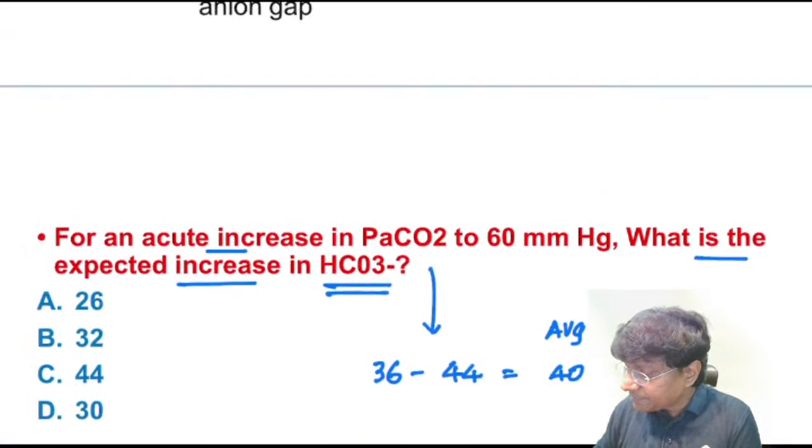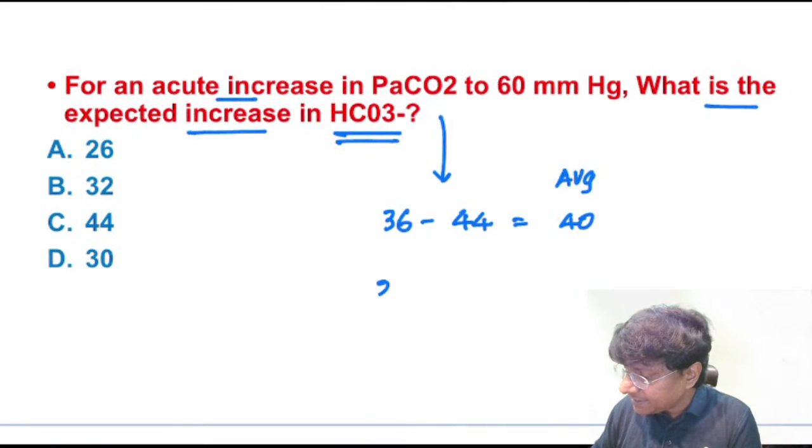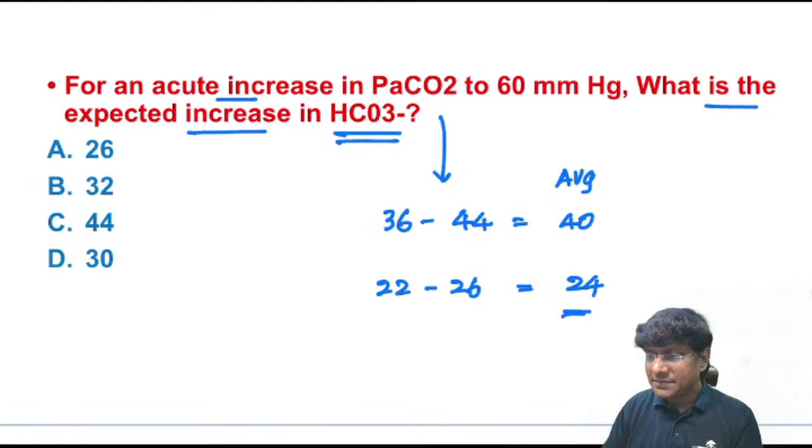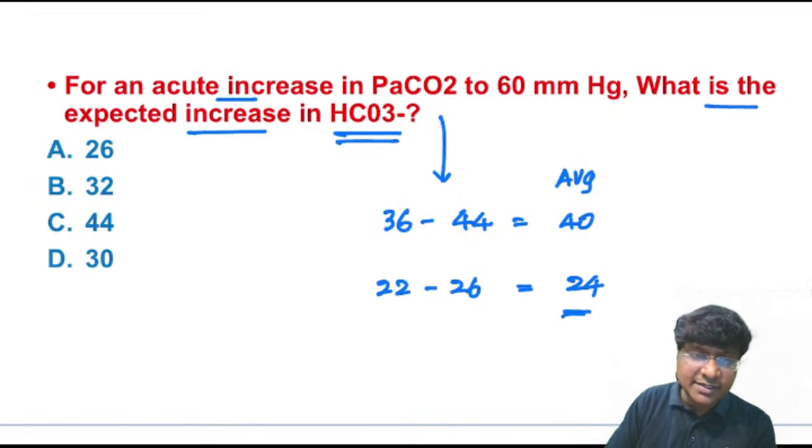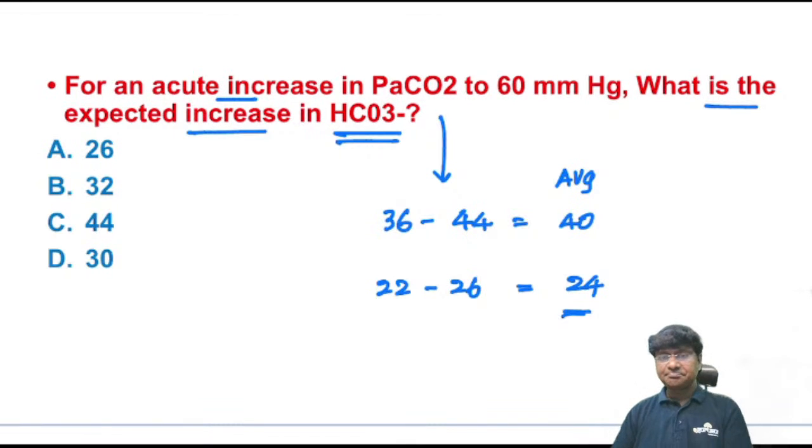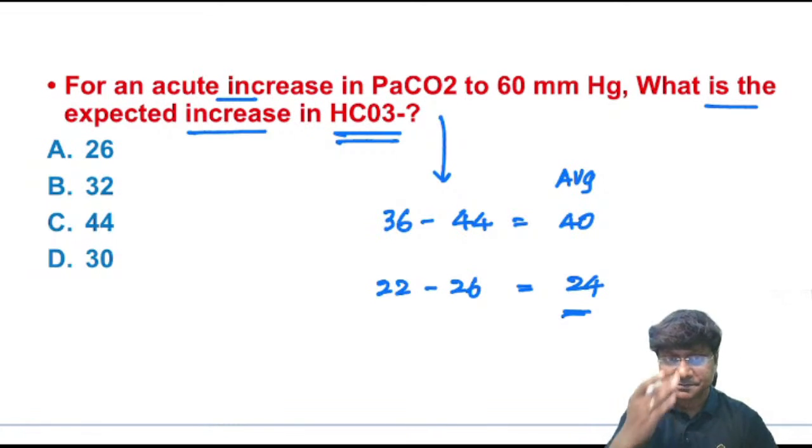Similarly, for bicarbonate, the normal value is 22 to 26, but the average value that we take is 24. Now, please tell me what is the expected increase in the bicarbonate?